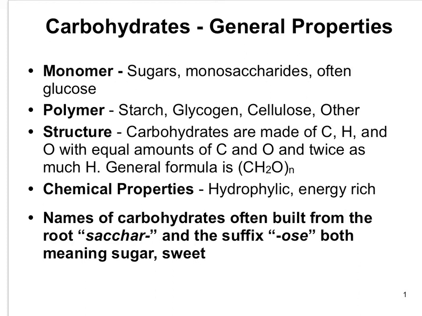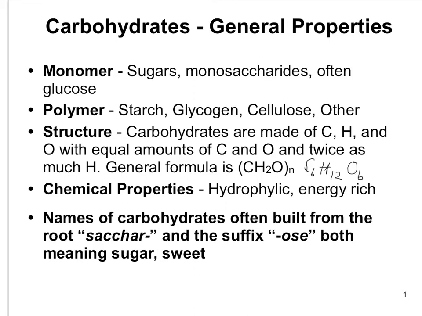Glucose, for instance, as I said, the carbohydrate that is used most commonly, the monomer that is used most commonly by your body, its chemical formula is actually C6H12O6.